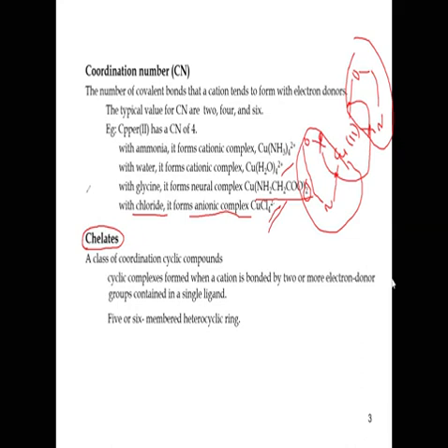And the other term that you have to remember is chelates. What is a chelate? Actually, chelates are a class of cyclic coordination compounds. The word cyclic should be here.